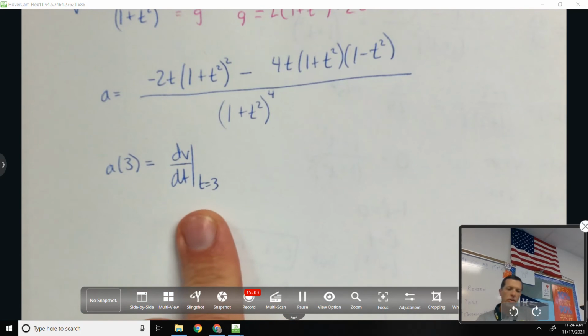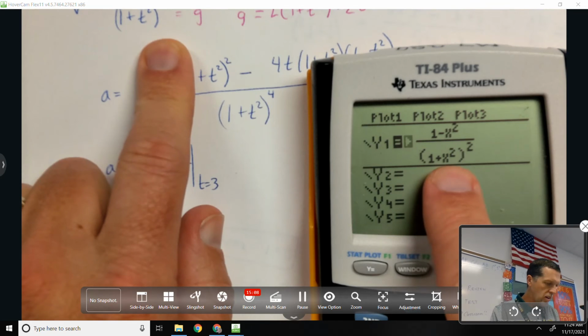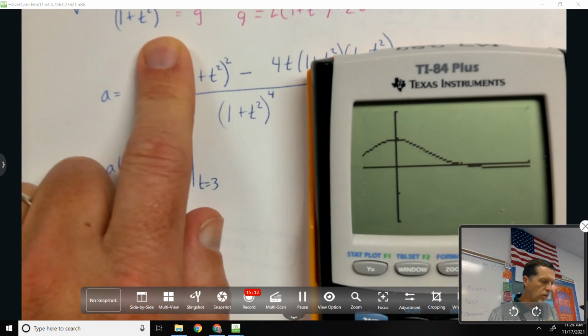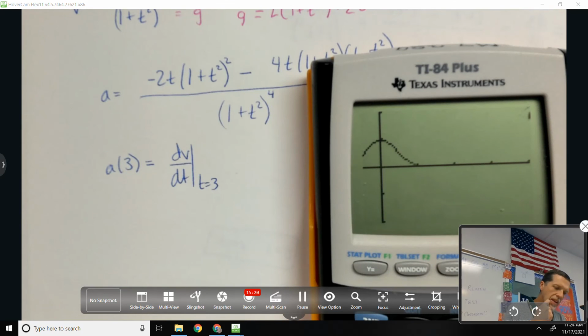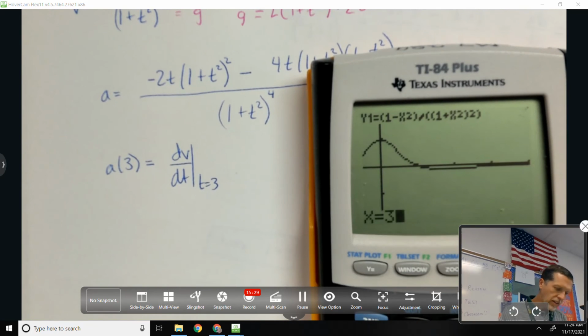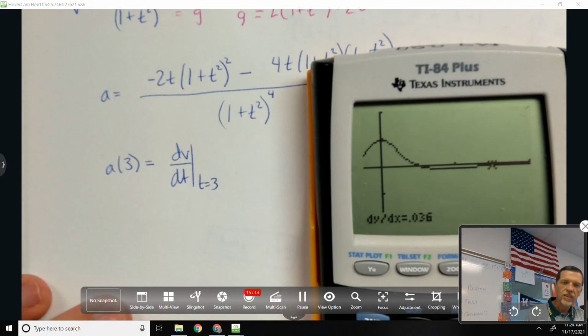But it can evaluate, if I put in what velocity is, which I did, then I can take the derivative, as long as 3 is in my window. It is now. I can get my calculator to find the derivative. Second calc, dy/dx at x equals 3: 0.036.